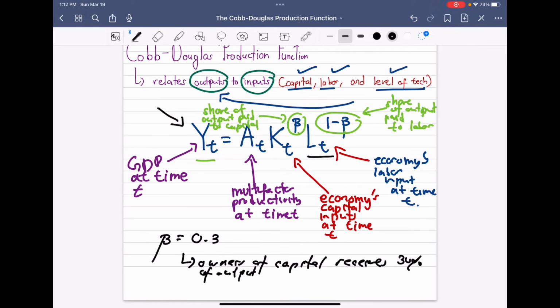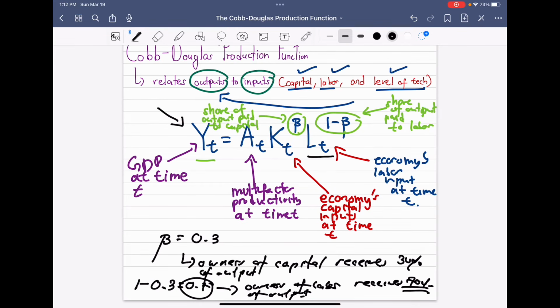Labor earnings are at 70%. Why? Because 1 minus 0.3 is 0.7. So I'm going to write it here, owners of labor receive 70% of output. So owners of labor is simply labor earnings, just to make it more simple. So that is how output is paid to capital and labor: the share of output paid to capital and the share of output paid to labor.